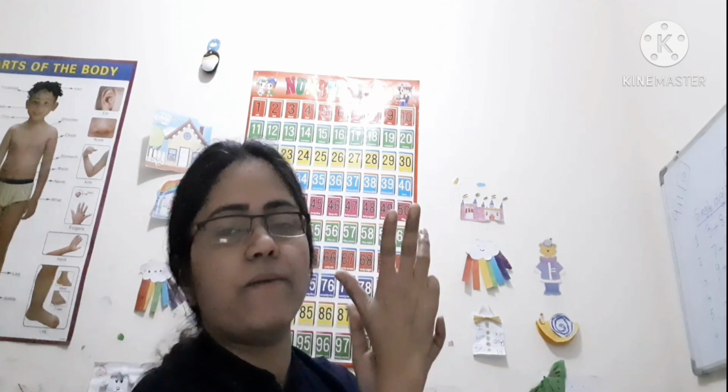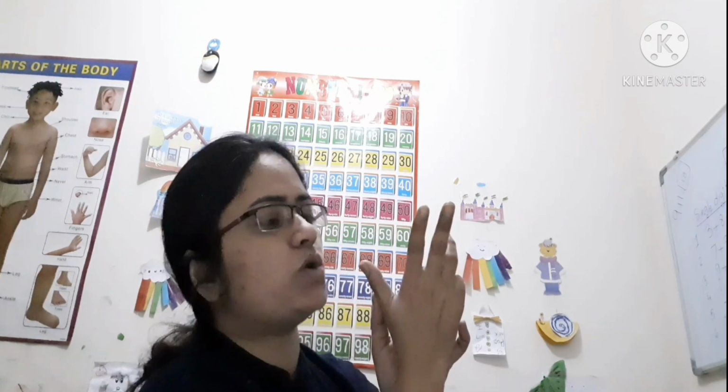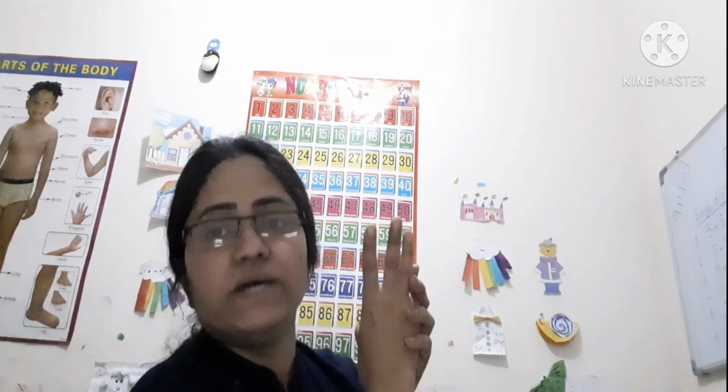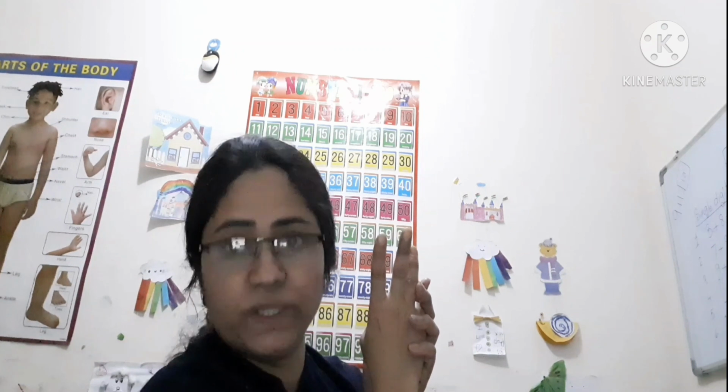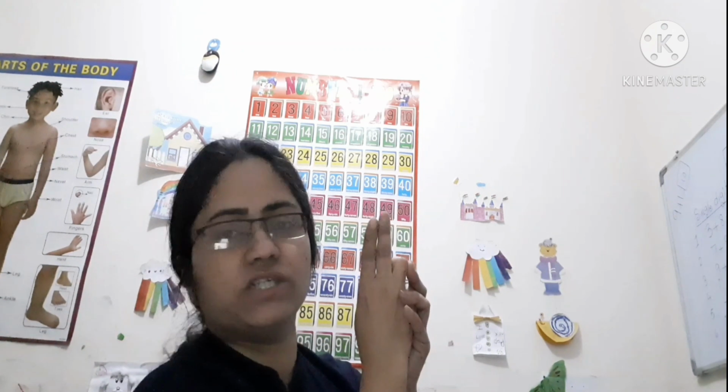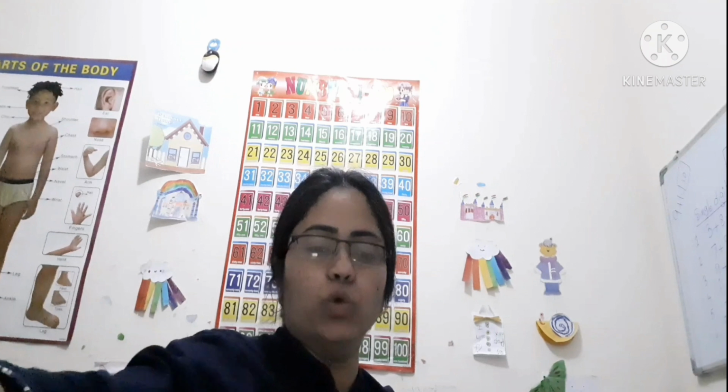I know the thumb value is 5. If I close this one, 5, then one more remains to make 6. So I close this one. How many fingers remaining? 2. So 8 minus 6 is equal to 2.